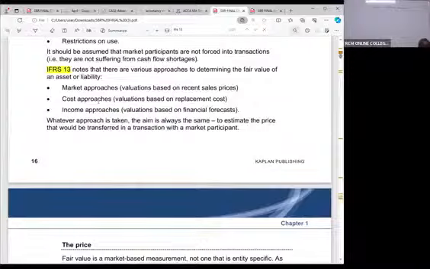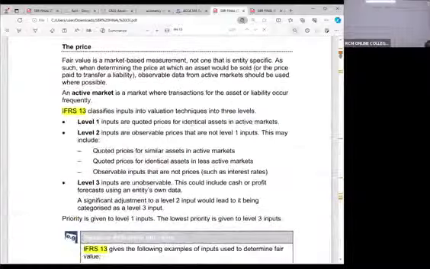So we have got three approaches to determining the fair value. You could either make use of the market approach, or you do costing, or you look at the incomes and then discount them. Whatever approach is taken, the aim is always the same: to estimate the price that will be transferred in a transaction with a market participant.